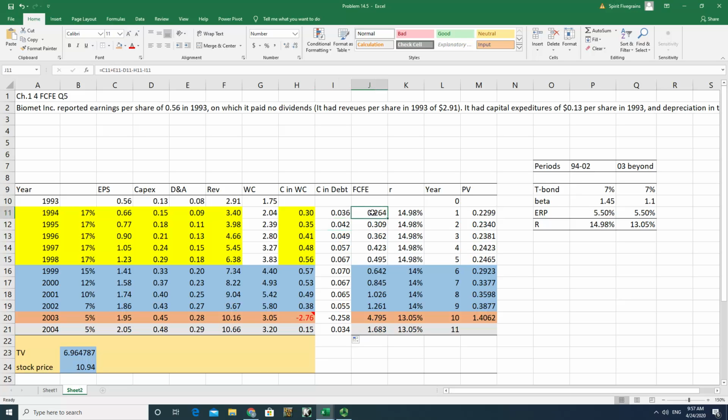And then you can calculate free cash flow to equity, which equals EPS minus capex, plus depreciation, amortization, minus change in working capital, and plus change in debt.